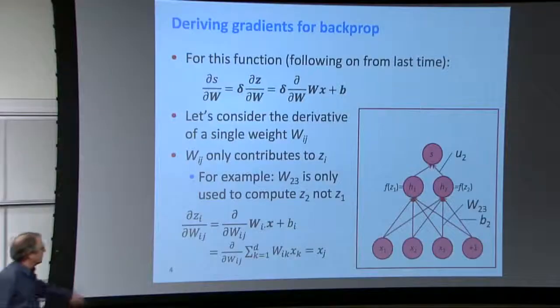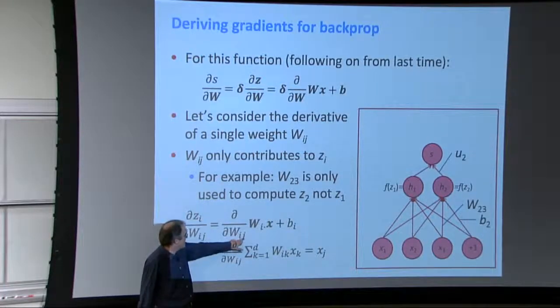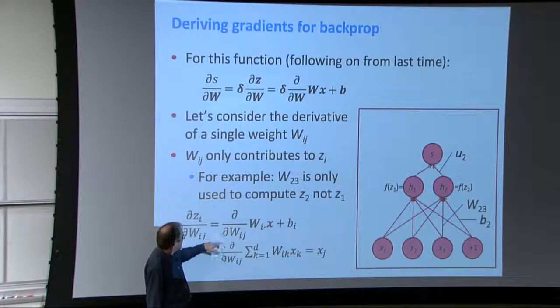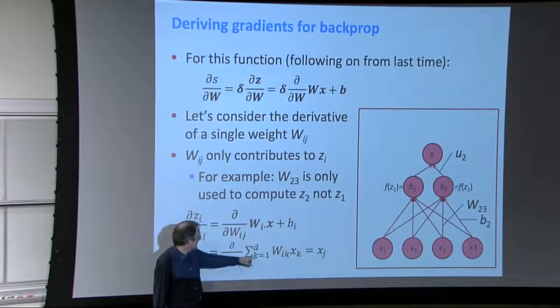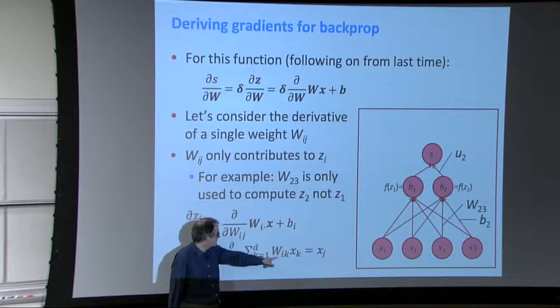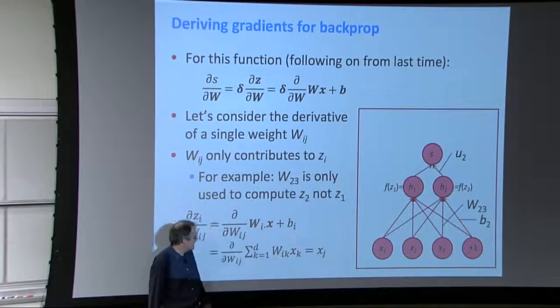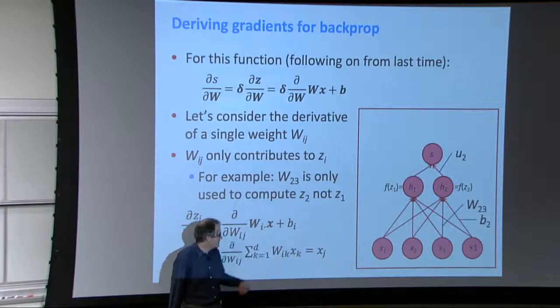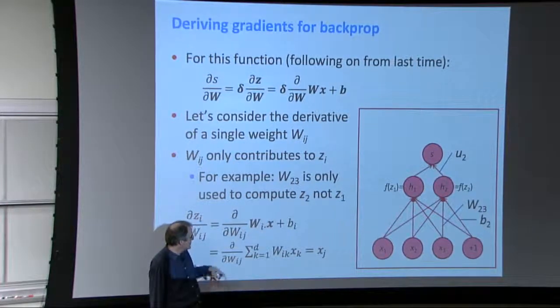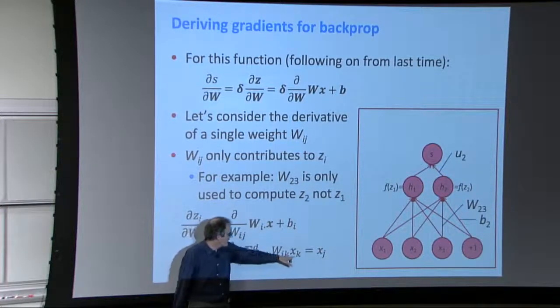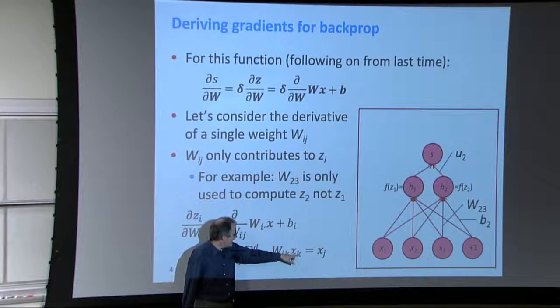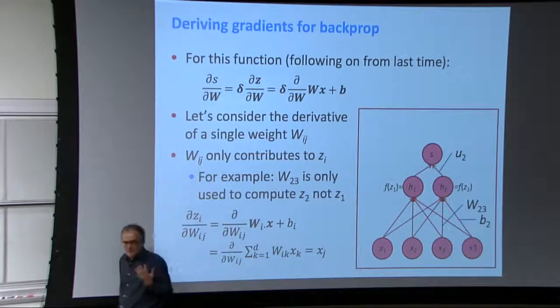So when we're getting the partial with respect to W_ij, we can work that out just with respect to z_i. Looking at this multiplication, what we end up with is a sum of terms W_ik times x_k, where there are weights in that row of the matrix going across the positions of the vector. So the only position in which W_ij is used is multiplying by x_j.